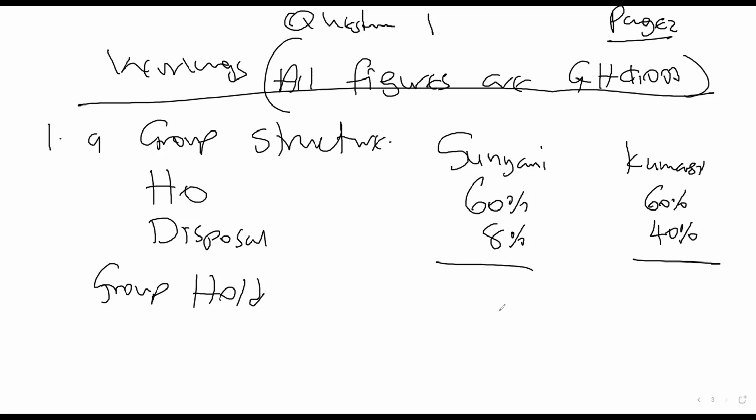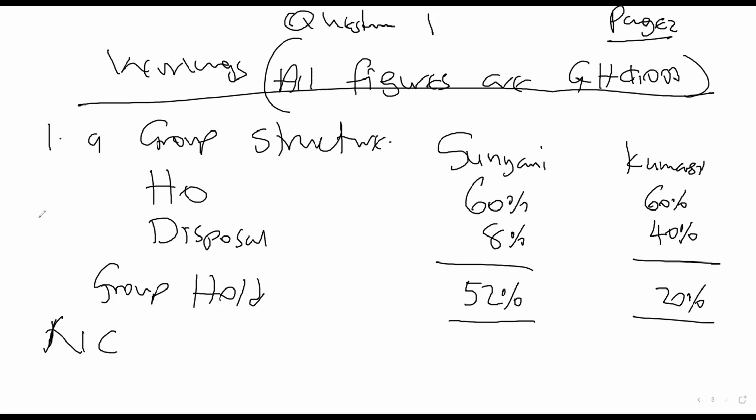So therefore, if we have 60, we dispose of 8. It means the group has 52%, and 20%. When you are done with this, then you do your analysis of NCI.